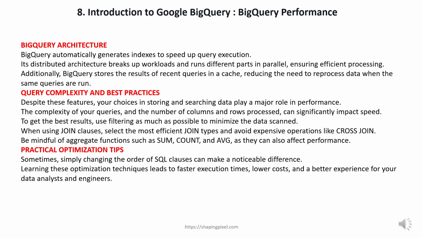The complexity of your queries and the number of columns and rows processed can significantly impact speed. To get the best results, use filtering as much as possible to minimize the data scanned. When using join clauses, select the most efficient join types and avoid expensive operations like cross-join.